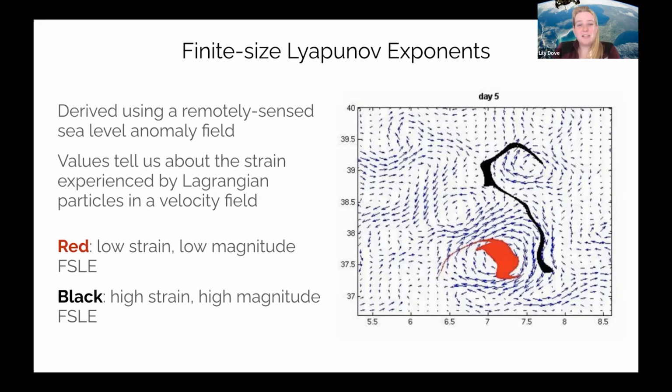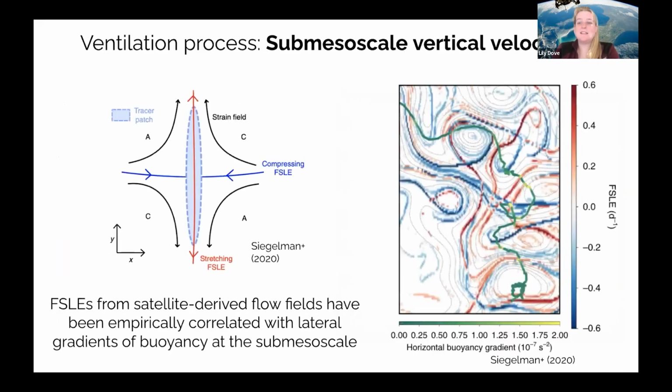And the reason I brought FSLE into this is that FSLE has been found to be empirically correlated with lateral gradients of buoyancy at the submesoscale, which we know are a precursor for submesoscale vertical velocities. This is work that Leah Siegelman at Scripps has really pushed forward.